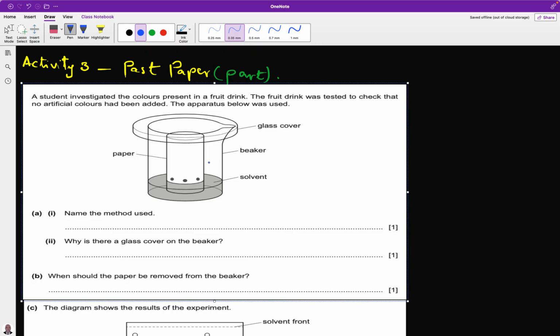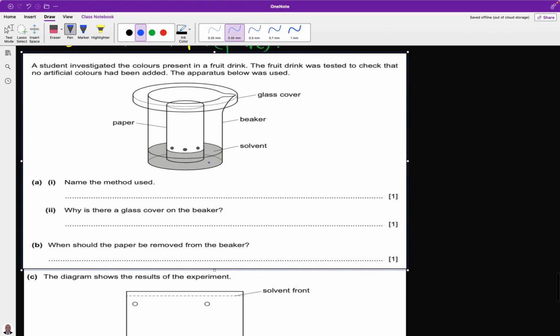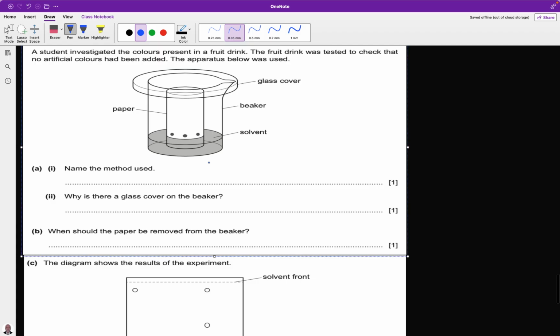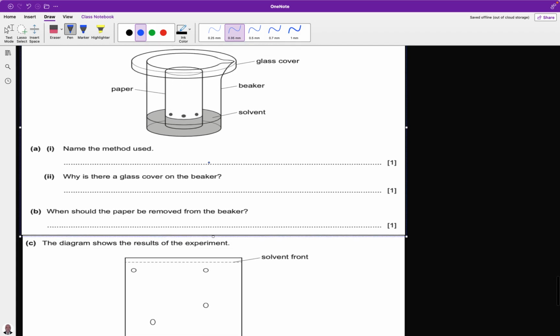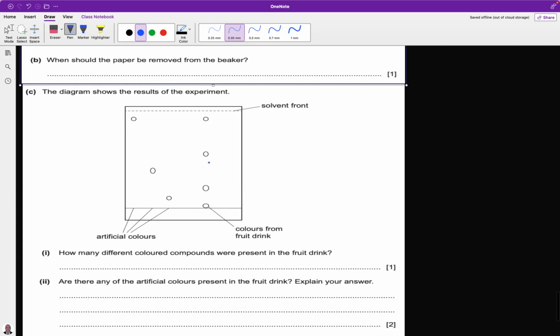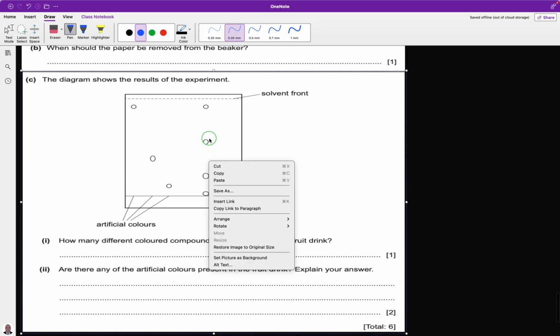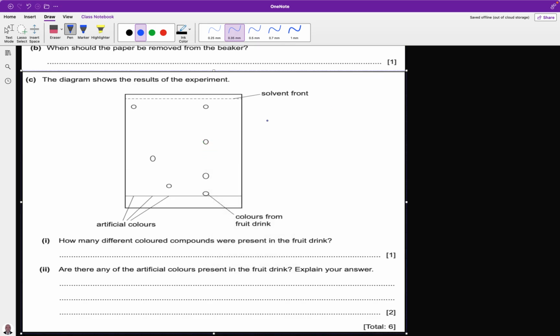It takes us to the C part of it. The diagram shows the result of the experiment. We have the chromatography paper well outlined.